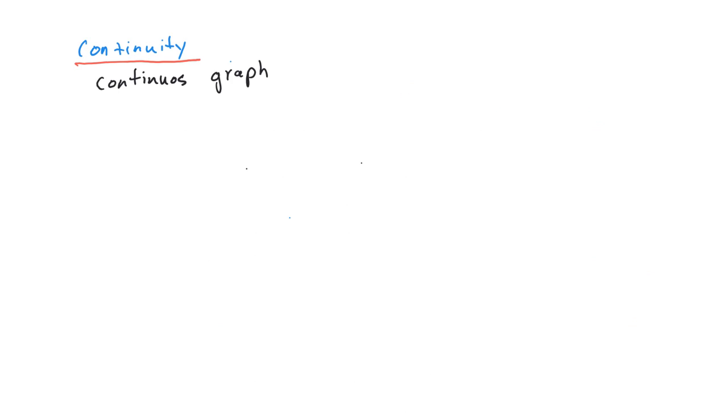All right, so we're going to talk about continuity. When you hear about the idea of a continuous graph, this is what it means. There are no holes in the graph, i.e., no breaks. So if you literally took your finger and moved across the graph, you wouldn't be able to lift your pen off the paper at any time during the graph when you move your hand across the graph.